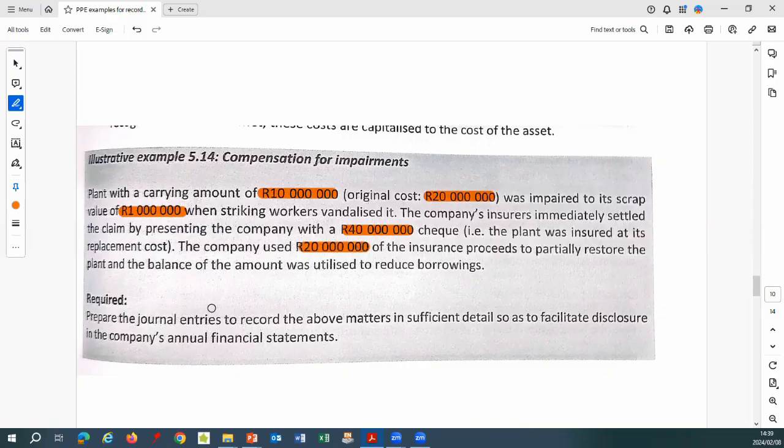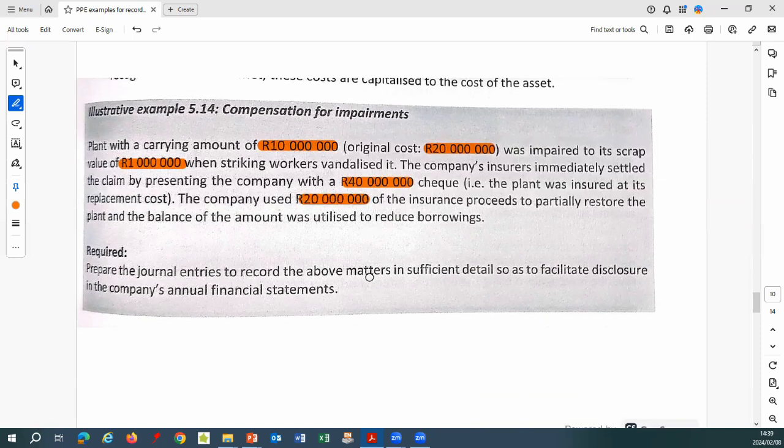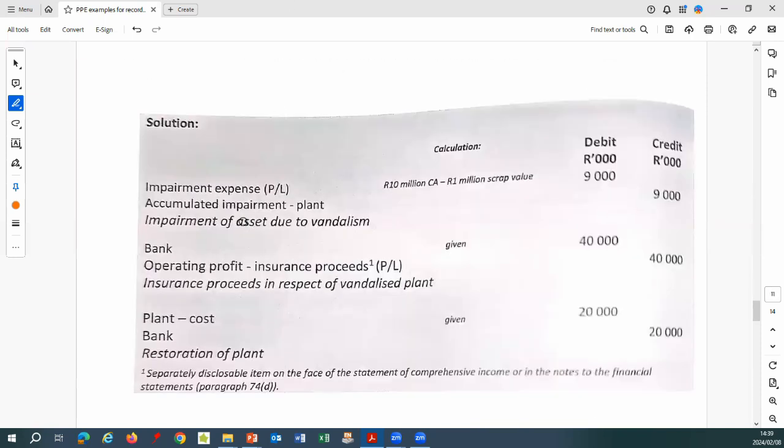Okay, so in terms of the journal entries, we're going to see that we have 4 separate events. So if we go down, we can see, first of all, we impair. So our assets, it was 10. Its recoverable amount was 1. We need to impair it down to 9. This particular item was not completely needing to be derecognized because it was still sitting there.